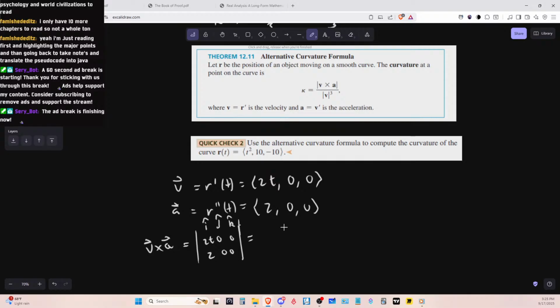So the first one is definitely going to be 0. So there's no I. And then plus, that will also be 0. And then the next one, so that's also 0.